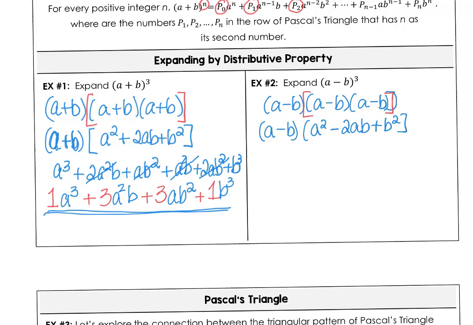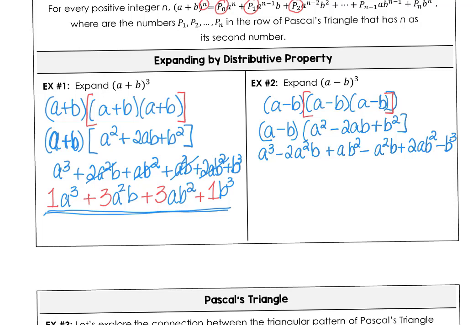And then distributing the a to all three terms gives us a cubed minus 2a squared b plus a b squared minus a squared b plus 2a b squared minus b cubed.